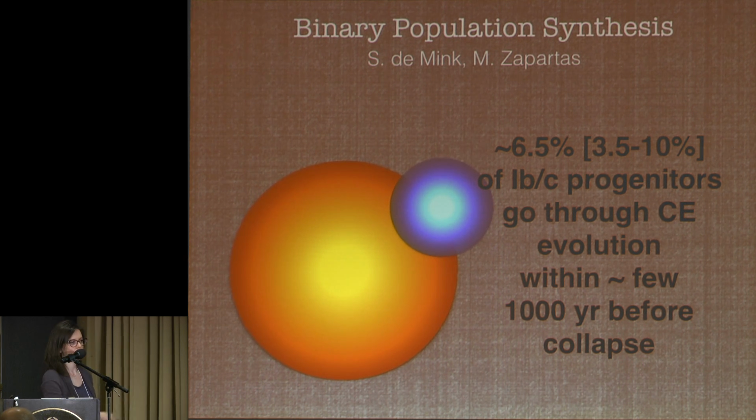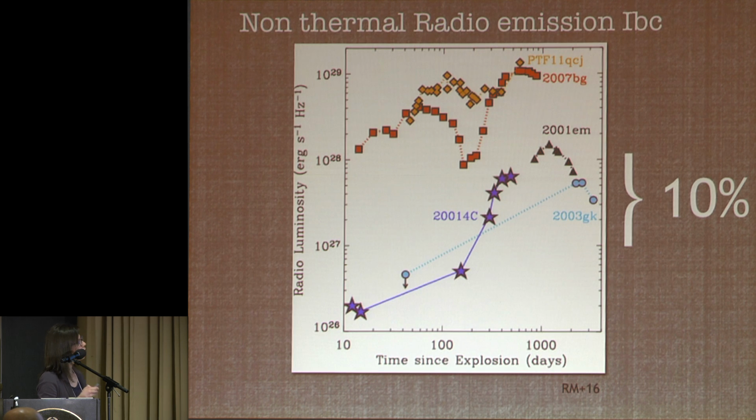And I find these results encouraging. What we are doing right now is trying to compile a controlled sample of supernovae, to really understand how common this is and when it happens. And it would also be extremely important to have not only radio, but radio, X-rays, and optical to really pin down the emission process.